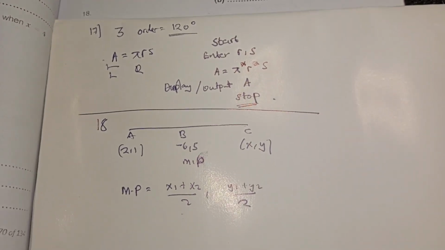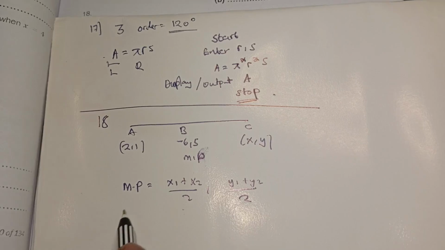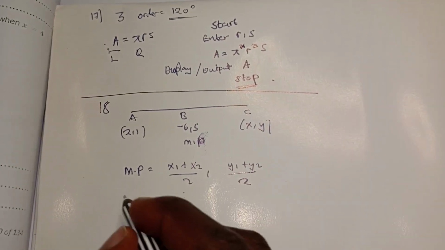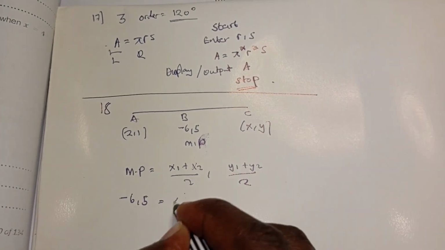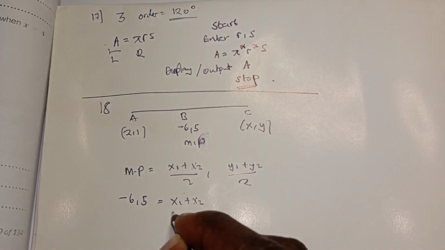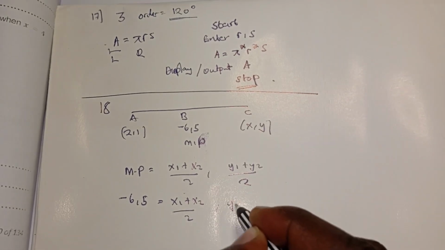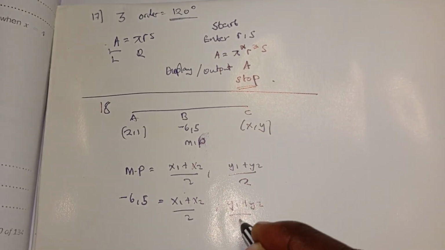That is the formula that we use. So our midpoint here, negative 6 comma 5, is equal to x1 plus x2 over 2, comma, y1 plus y2 over 2.